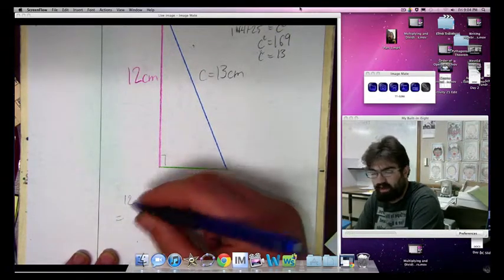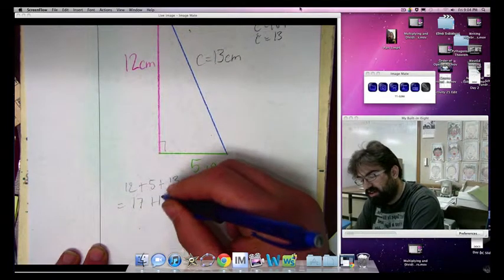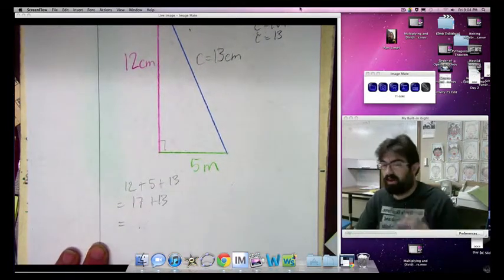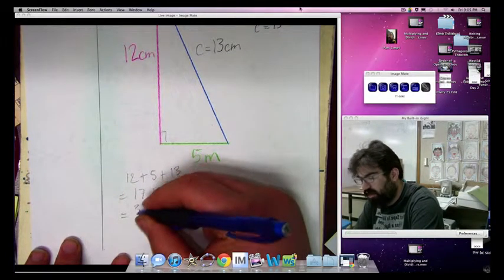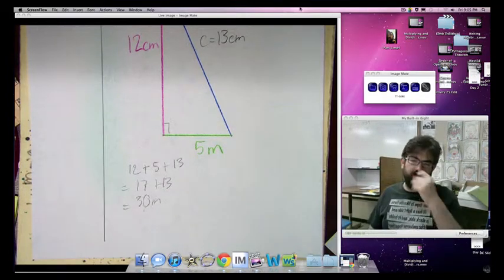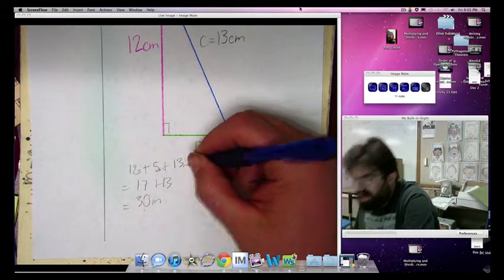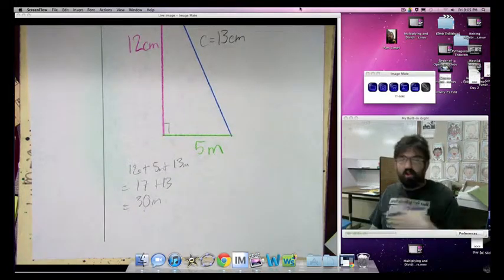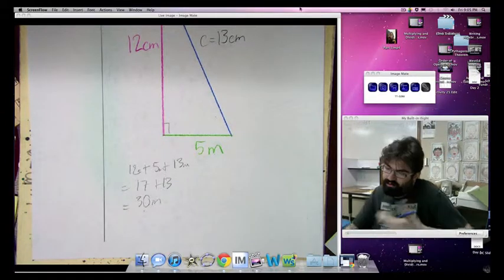I hate running. 12 plus 5 is 17 plus 13, which means the perimeter of this right triangle is 30 meters. Add the units at the end. Some people argue to put meters on this as we're going. That's just one more thing to worry about. Just know your units and know it's a perimeter, which means it's going to be just meters.